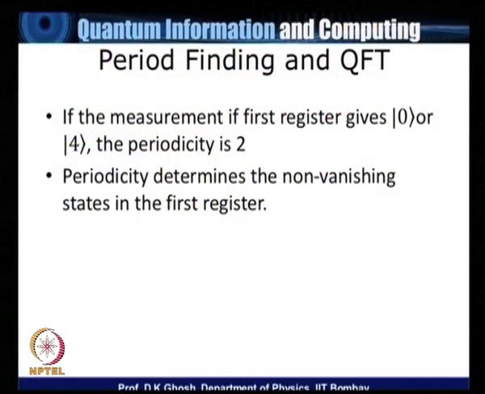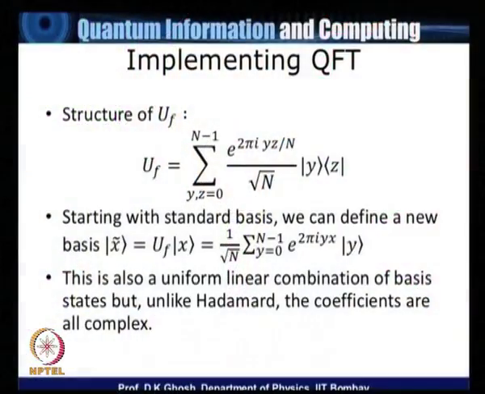So in this example, if the first register gives you a 0 or a 4, one can conclude that the periodicity of the function is 2. So periodicity determines the non-vanishing states in the first register. This is important information that we will be utilizing later on.